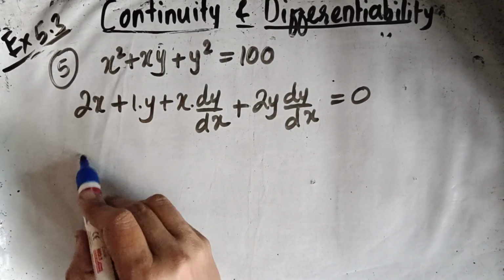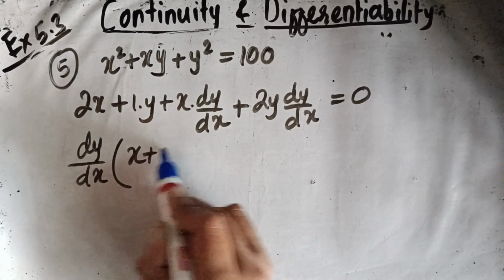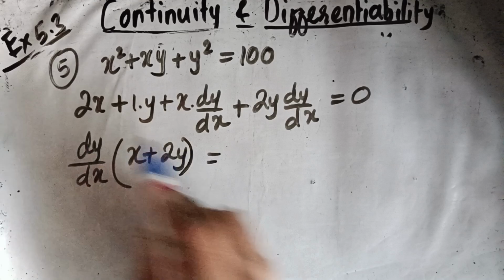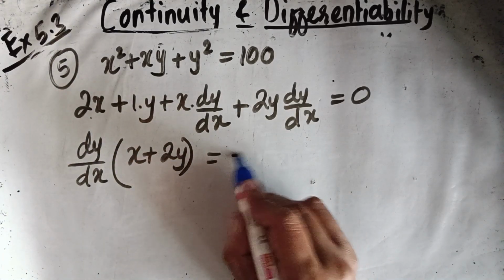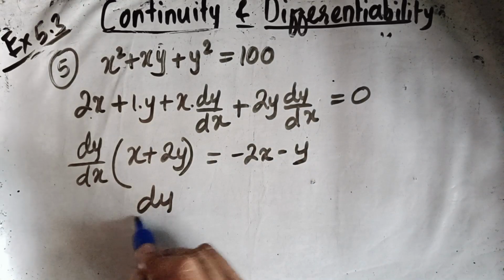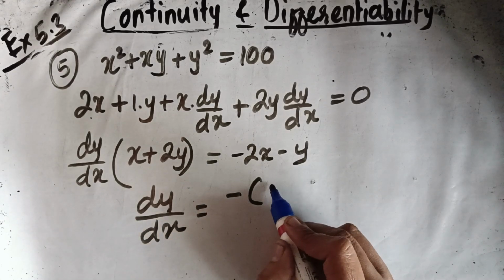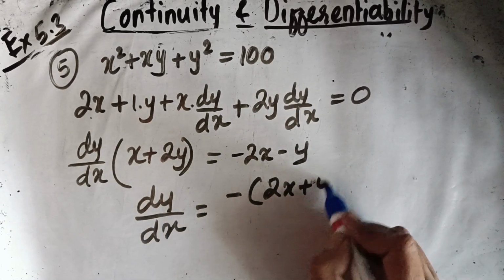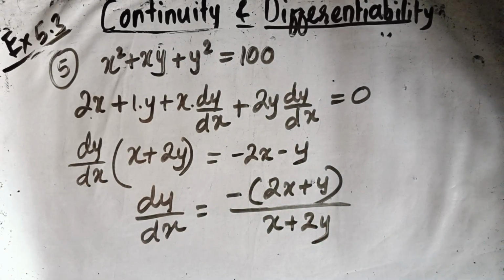Taking dy by dx terms together, x plus 2y. This terms I'm taking that side, so it is minus 2x minus y. So dy by dx is minus, I'll keep outside, upon x plus 2y. Okay.